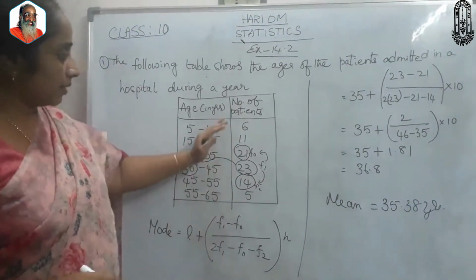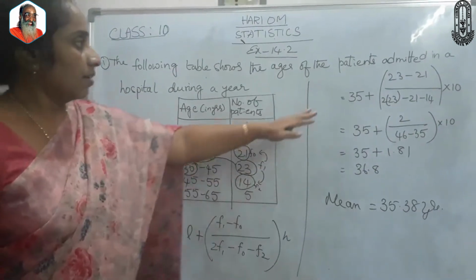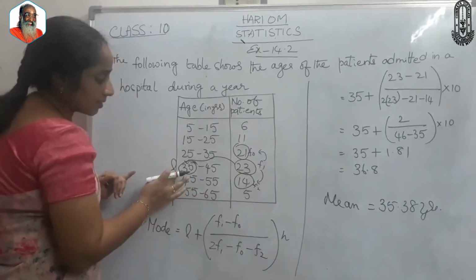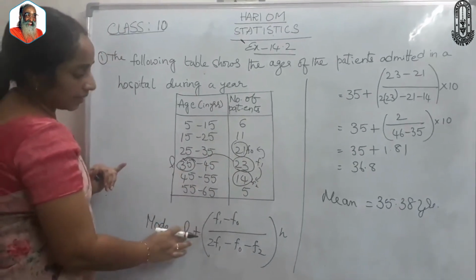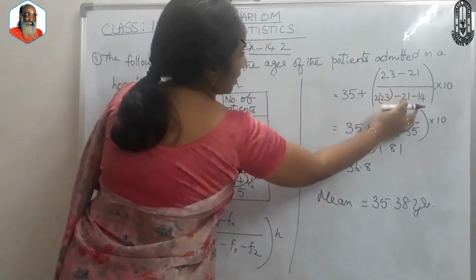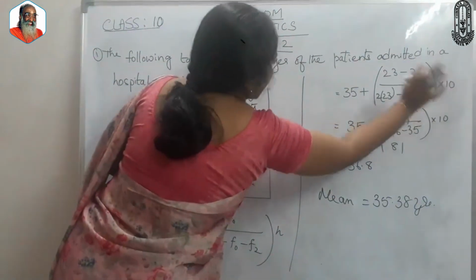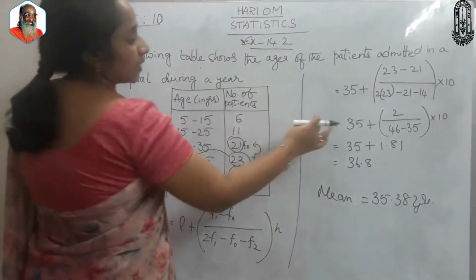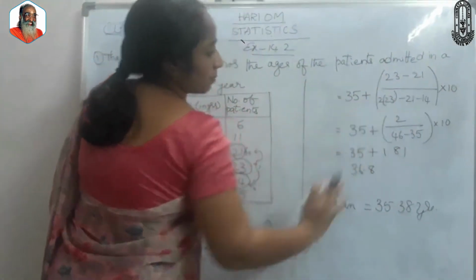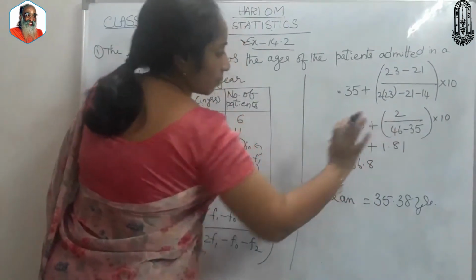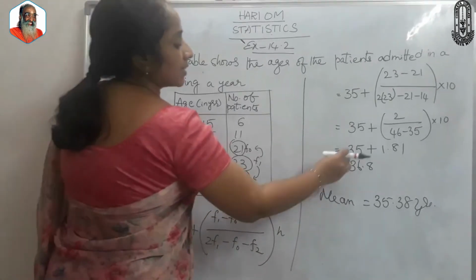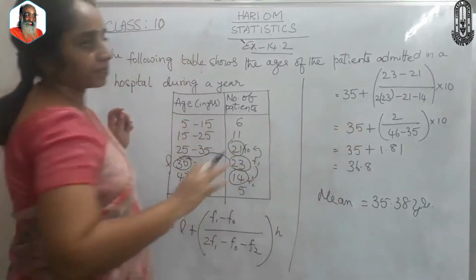By substituting all these values, and one more thing, the modal class lower limit is 35, so L is 35 plus (23 minus 21) by (2 into 23 minus 21 minus 14) into class interval H. Now 35 plus 2 by 46 minus 35 into 10, and by simplification we get its value as 1.81, and finally the mode of this data is 36.8.